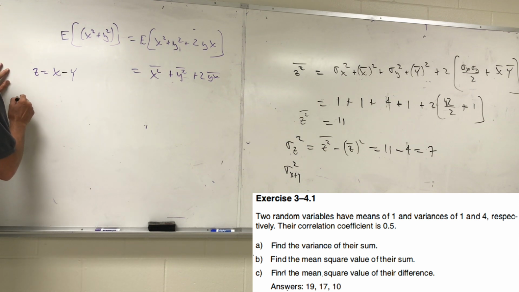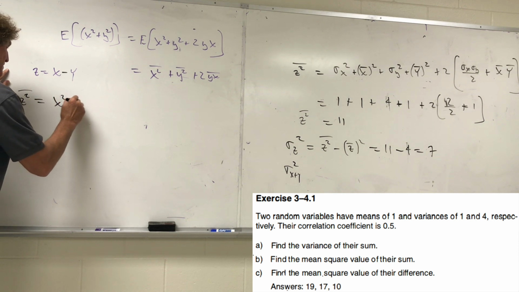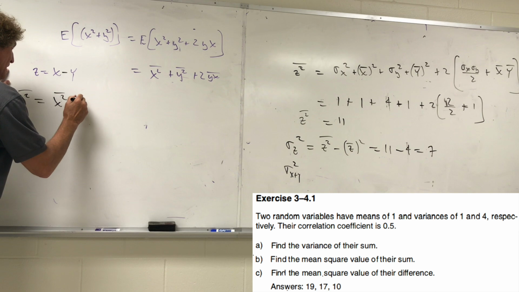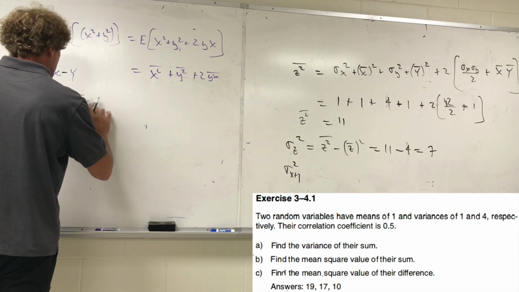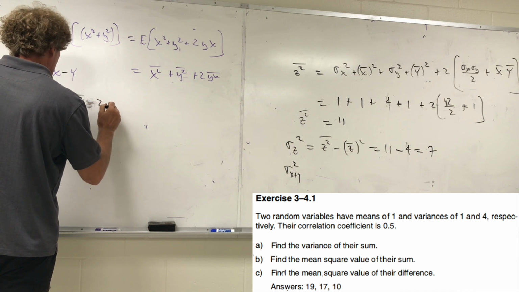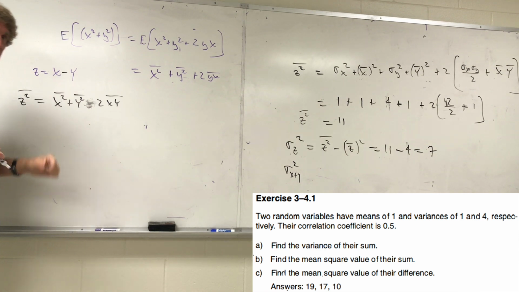Okay, so then when I do that, this is going to be this value, right? And that would be x squared bar plus y squared bar minus 2 times x y bar, or the expected value of x y.